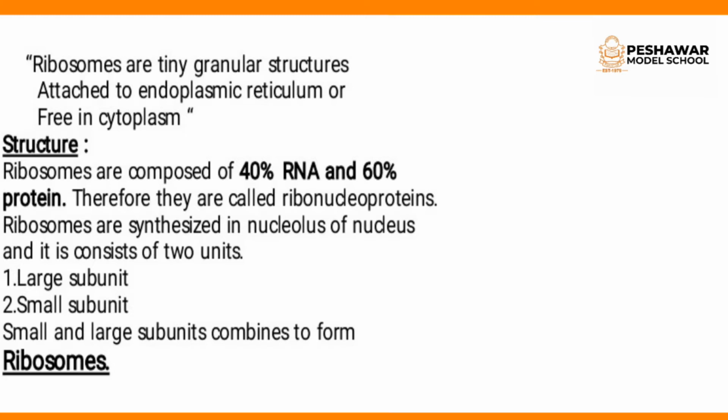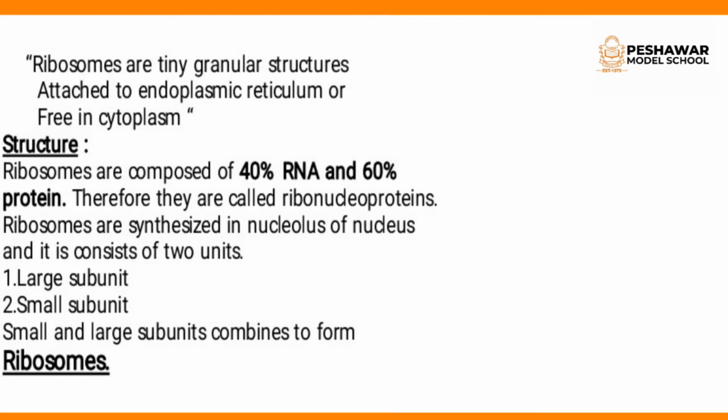That's why it looks rough, and the main function of the rough endoplasmic reticulum is that it helps in protein synthesis. So ribosomes may be attached to the endoplasmic reticulum or they may be free in the cytoplasm. Clear?